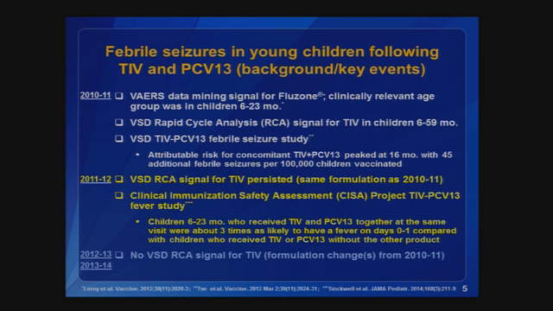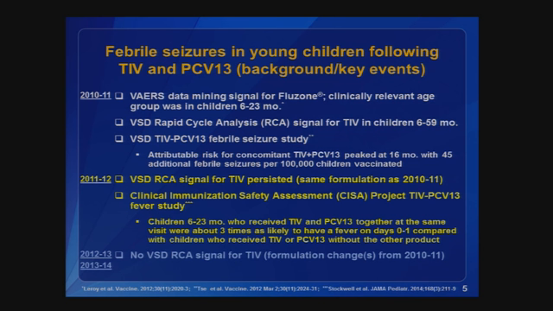Just to remind you, rapid cycle analysis is weekly, near real-time surveillance that we do during the influenza season and for other vaccines in the Vaccine Safety Datalink. And we also detected a signal for febrile seizures following TIV in children 6 to 59 months old.